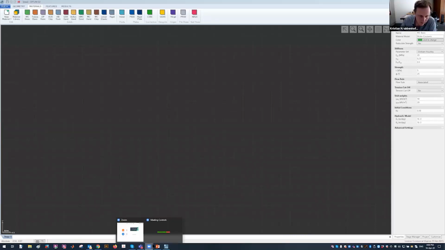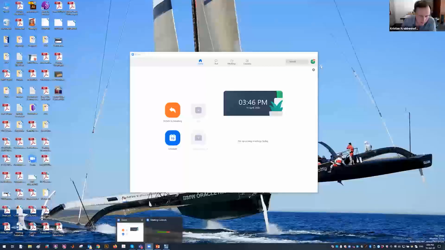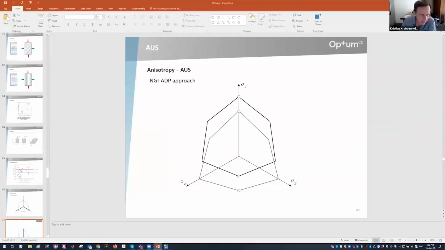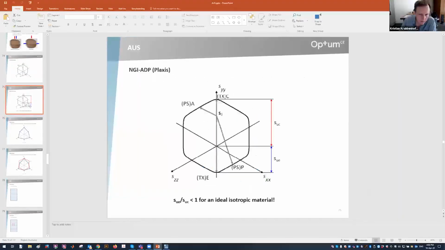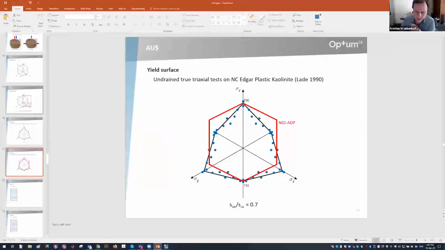I can say the Plaxis equivalent of the AUS model is the model I just briefly mentioned, the NGI ADP model, which is a problematic model because it introduces anisotropy to account for a feature which is a completely expected and uncontroversial feature of an ideal isotropic material. You can see the implications that has. Not fantastic.